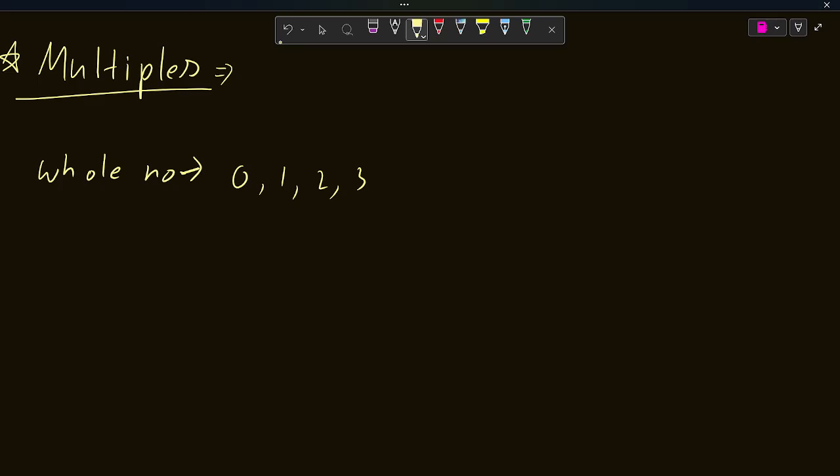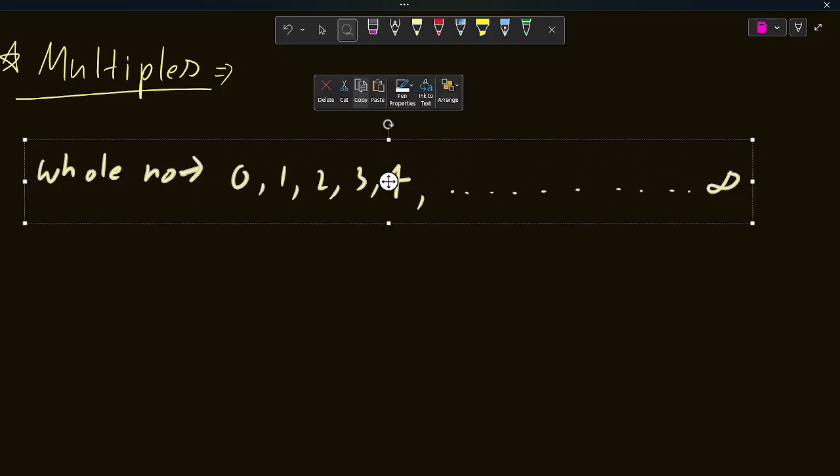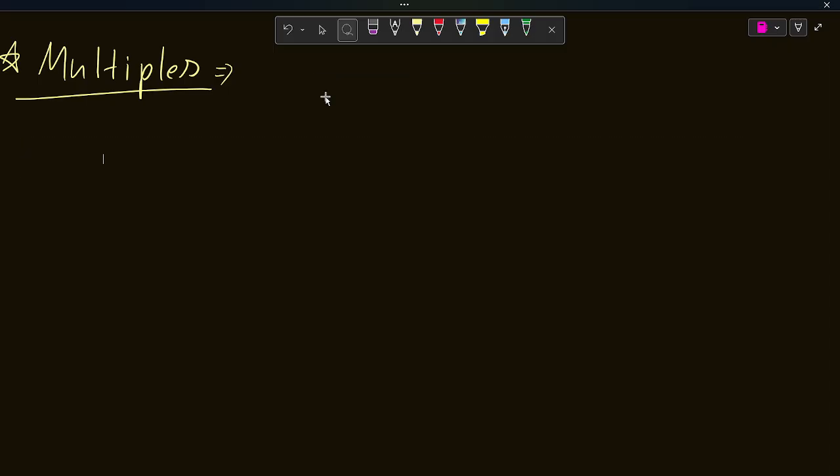Okay, the numbers like 0, 1, 2, 3, 4, 5, 6, 7, 8, all these numbers are whole numbers, up to infinity. So we have understood what whole numbers are. Now we can go for the definition of multiples.